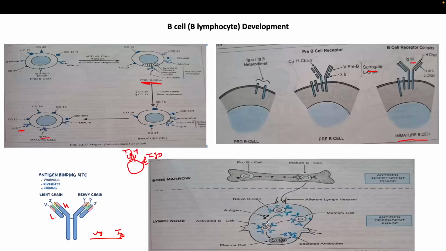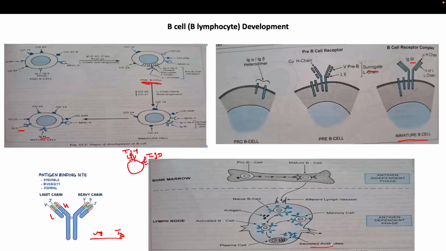Some B cells will divide into plasma cells and some will divide into memory cells, which have the same specificity for this antigen. They will multiply to increase their number, and they will neutralize the antigen by secreting the particular kind of antibodies.